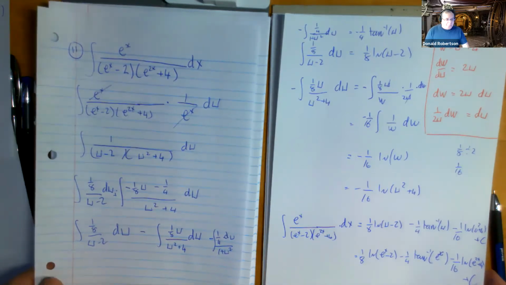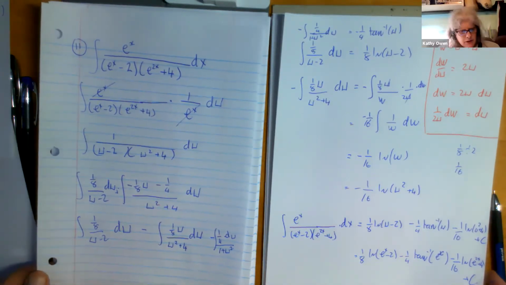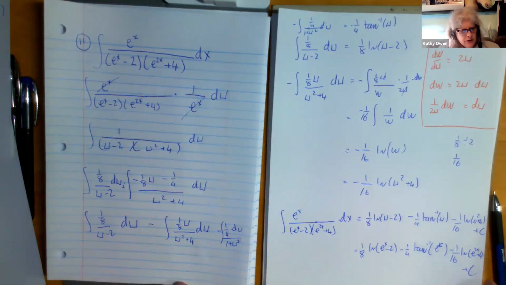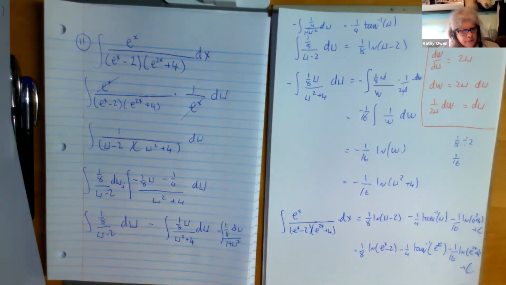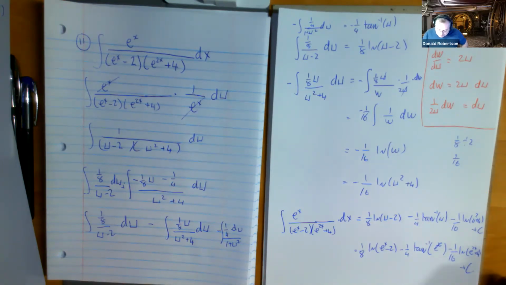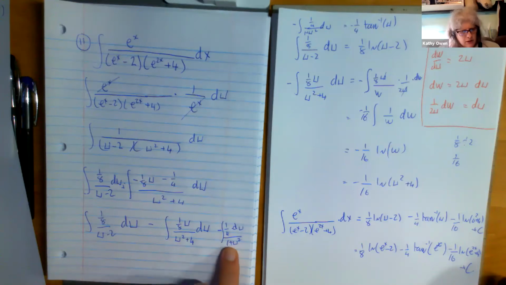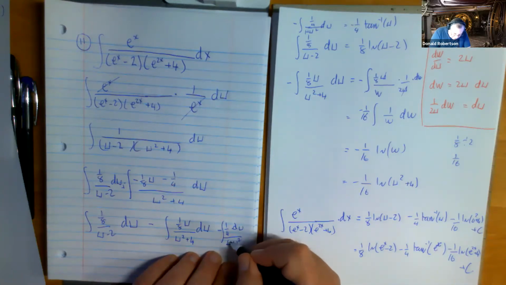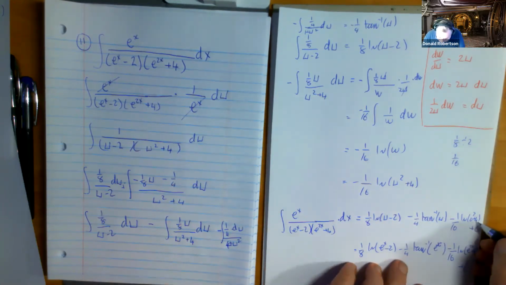Hopefully most of them. Can you explain how we got to the 1 plus u squared underneath our c term? How did we get 1 plus u squared when we had u squared plus 4 under them both? Darn it. That's a 4.